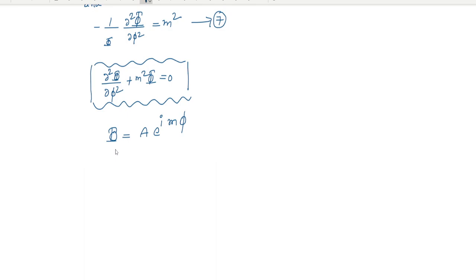If you take the normalization arbitrary constant A, we'll find the constant value by using the normalization condition. After using the normalization condition, constant A is 1 divided by root 2 pi. Okay.